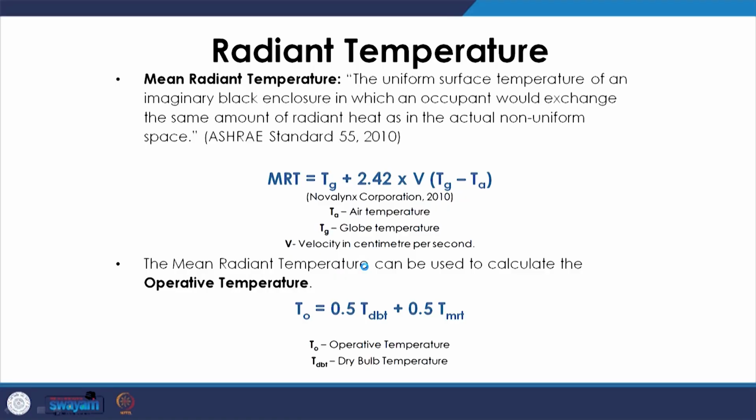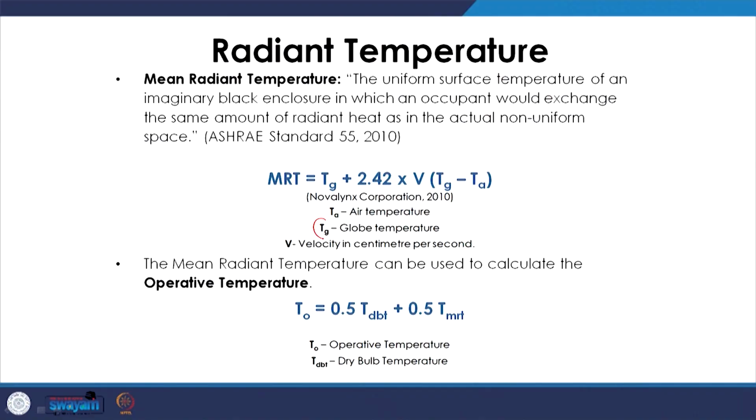Now, another thing is radiant temperature, for which we use several different terminologies, the most common one being MRT or mean radiant temperature. Mean radiant temperature takes into account the radiation effect of the surfaces surrounding the occupant.